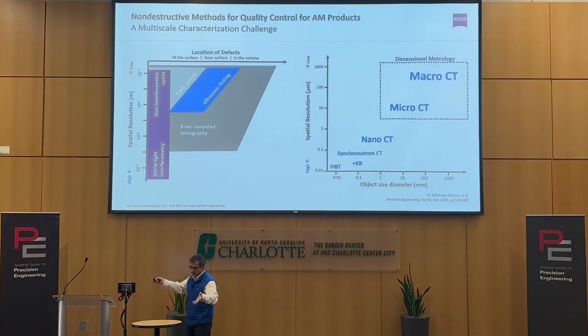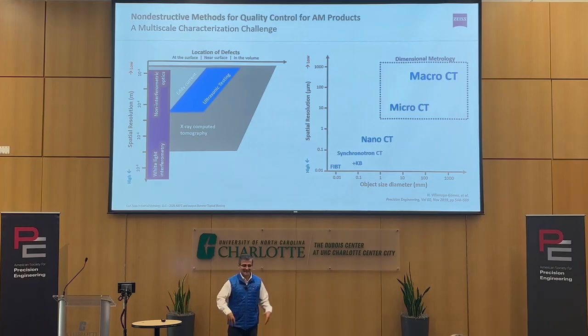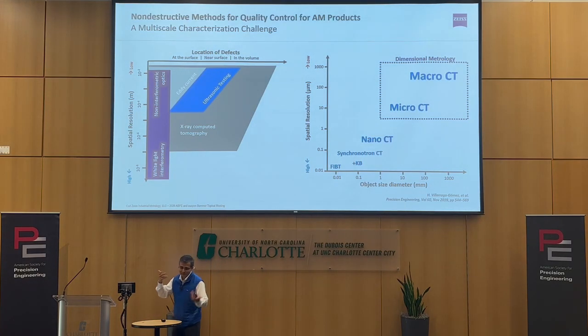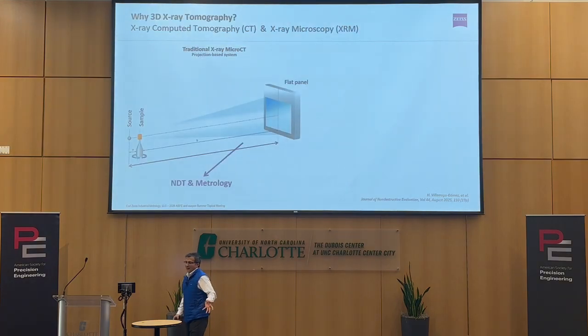And then there are other technologies, nano CT for high resolution imaging, and of course synchrotron CT, with the disadvantage that then you have to schedule beam time in an accelerator, and you have to wait months for that. So the ideal situation is that you can bring those capabilities to the lab.